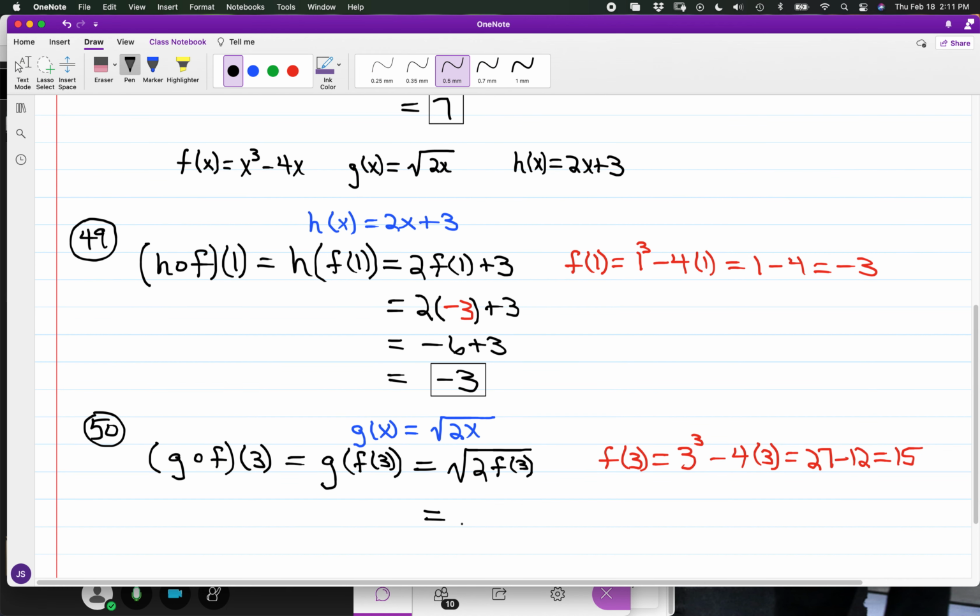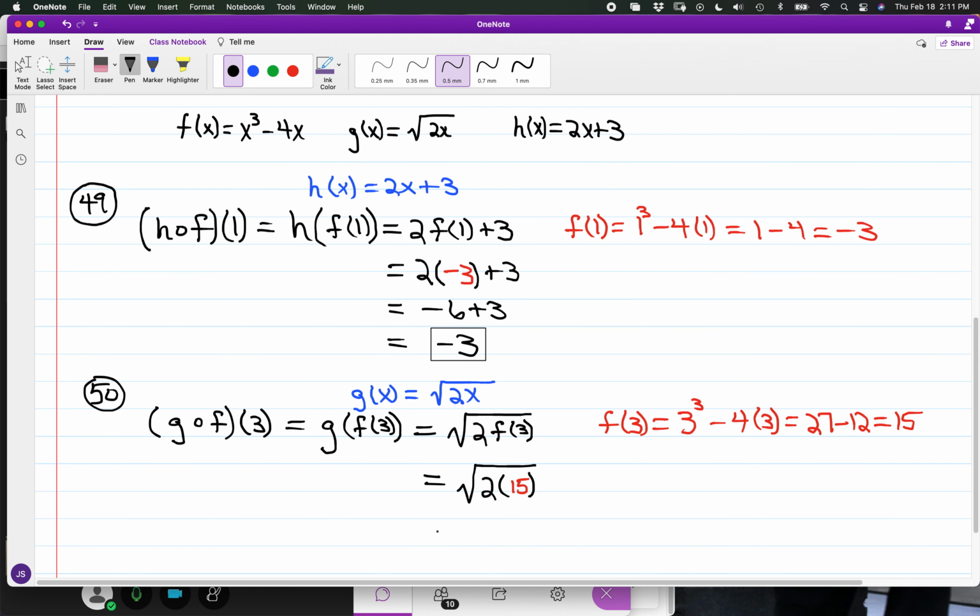the square root of 2 times 15, and in this particular case that would come out to the square root of 30.